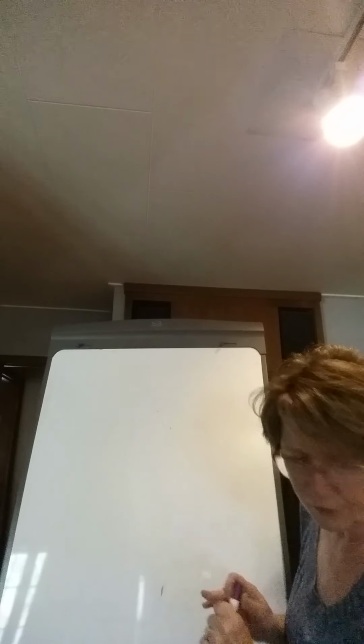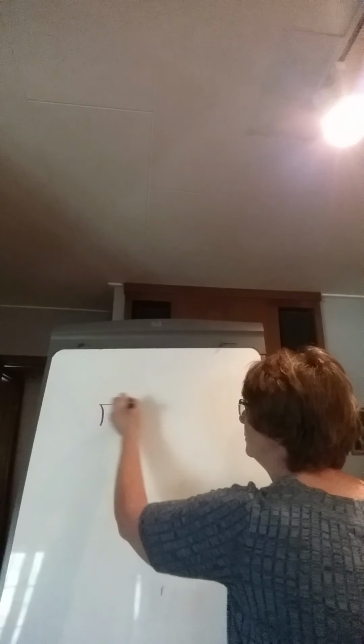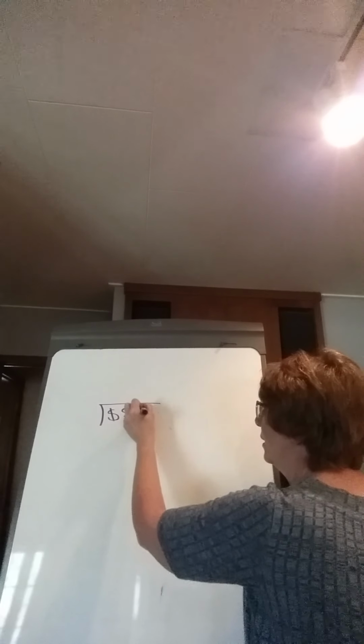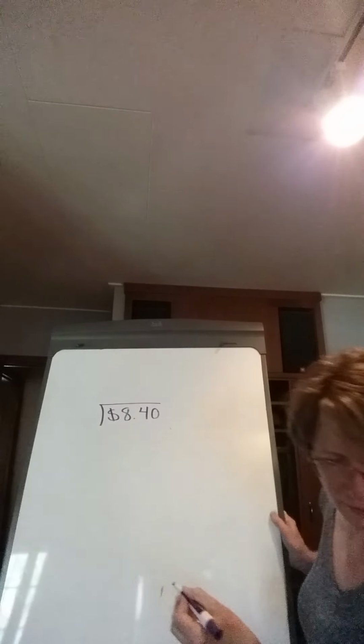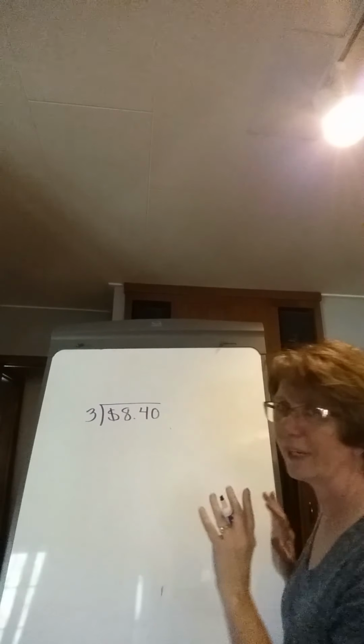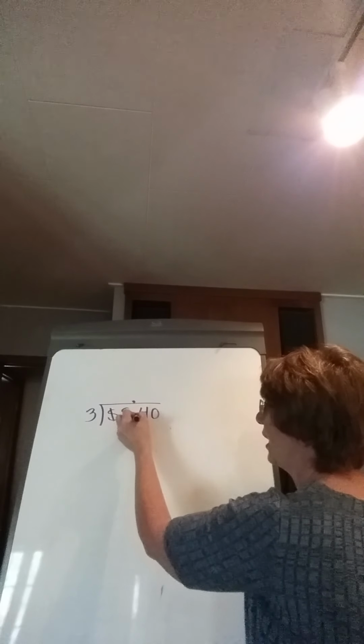You don't need to copy this problem down. It's $8.40. I will put the dollar sign inside. Divided by 3. The first thing I do before I do anything else is I move that decimal point straight up.